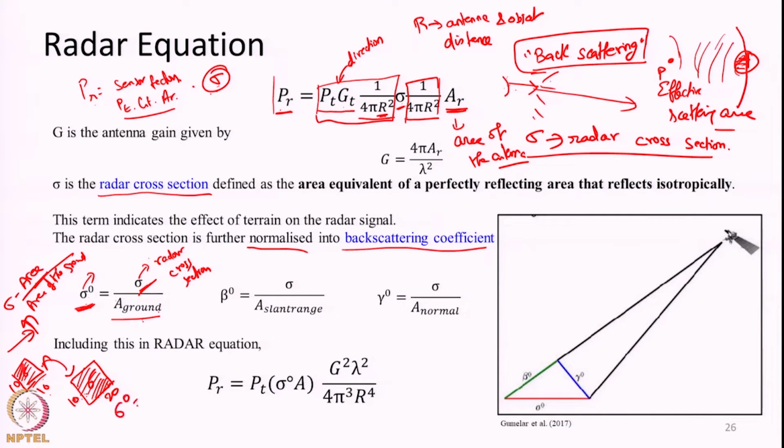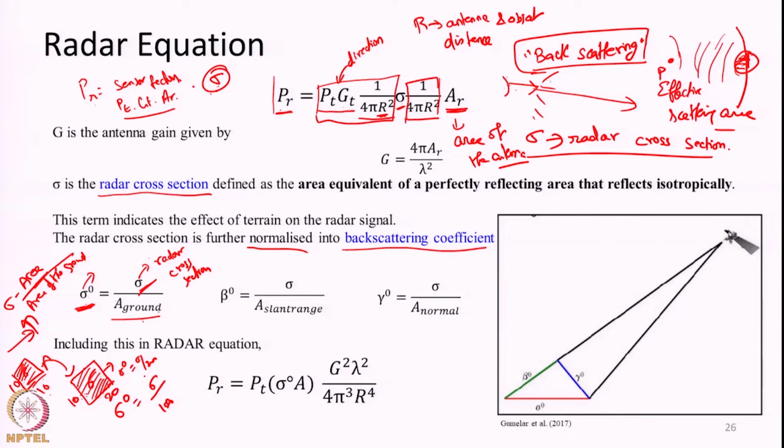So, sigma naught of this pixel will be sigma by 100 meters, whereas sigma naught of this pixel will be sigma divided by 200 meters. Essentially, using the area on the ground will normalize the radar cross section for this variation in pixel size, one of the important things that we should do.